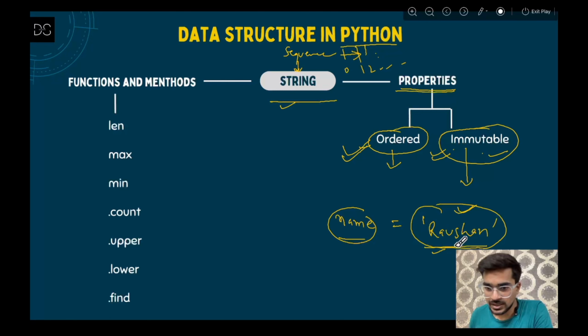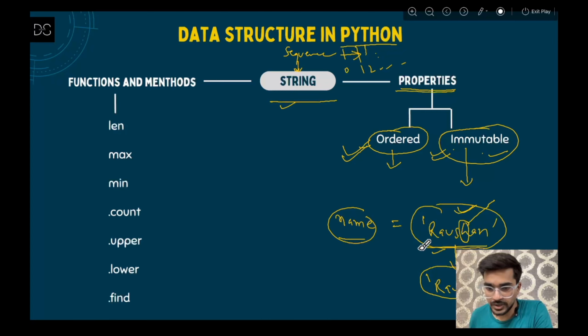That means let's say आप क्या करना चाहते हो, let's say you want that Roshan should be not having H, Rausan. That means you are removing that character H. So that is the one change you want.